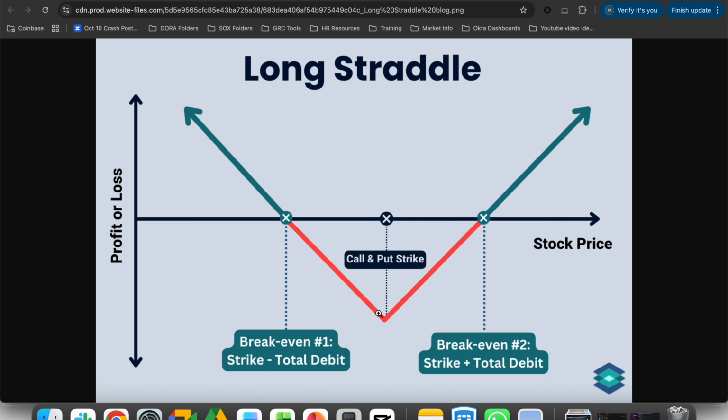So yeah, that's why it's the most expensive, but it has the highest probability of profit because the stock does not need to move much to go into the profit.